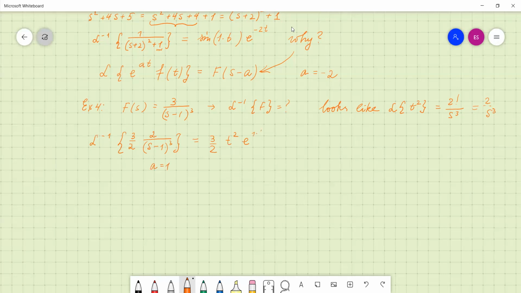So it's supposed to be 1t, but you don't have to write down 1t. You can just write e to the power of t. So 3 over 2 t squared e to the power of t. Again, I'm referring to the same formula here, the shifted Laplace transforms. Okay, very good. Let me write down that this is a shift.